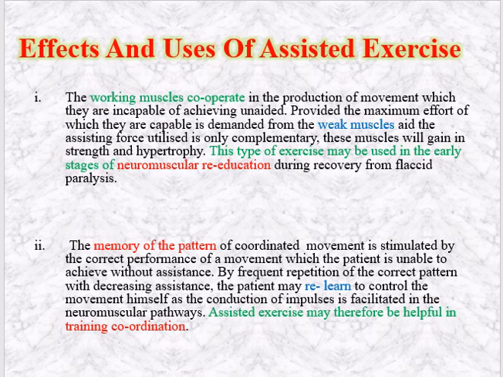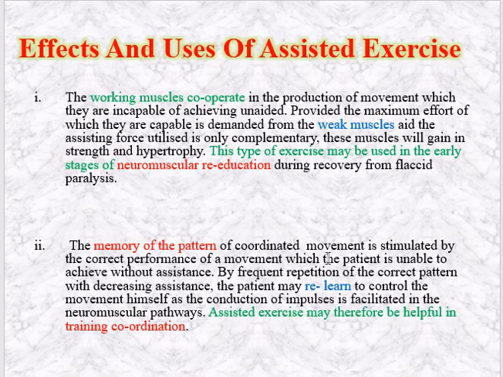And flaccid paralysis, as you know, is lower motor neuron disease, and there is a weakness in the muscles, specifically a group of muscles. So if we apply assisted exercise in these patients, then basically we can say recovery is enhanced.